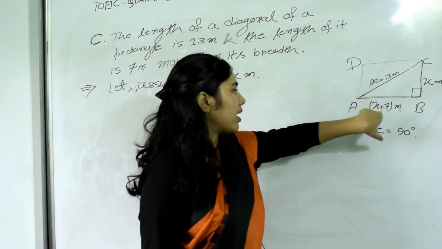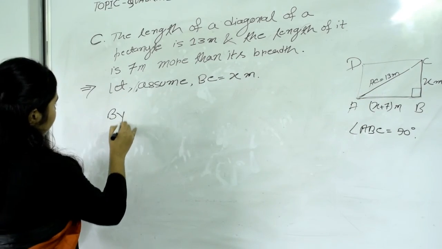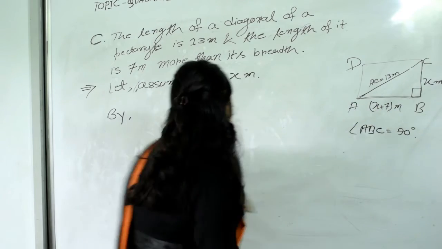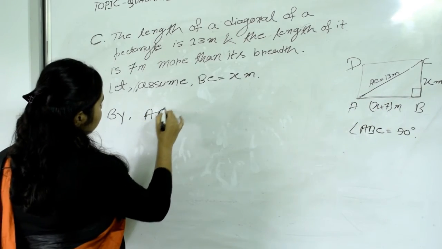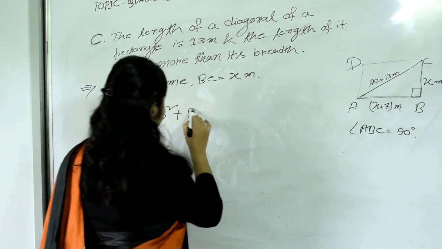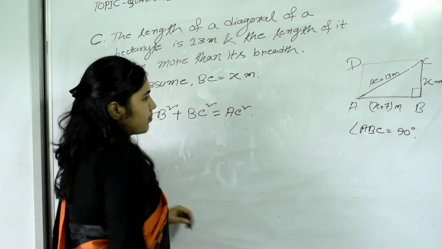In this triangle ABC, by Pythagoras theorem, we can tell that AB square plus BC square is equal to AC square.